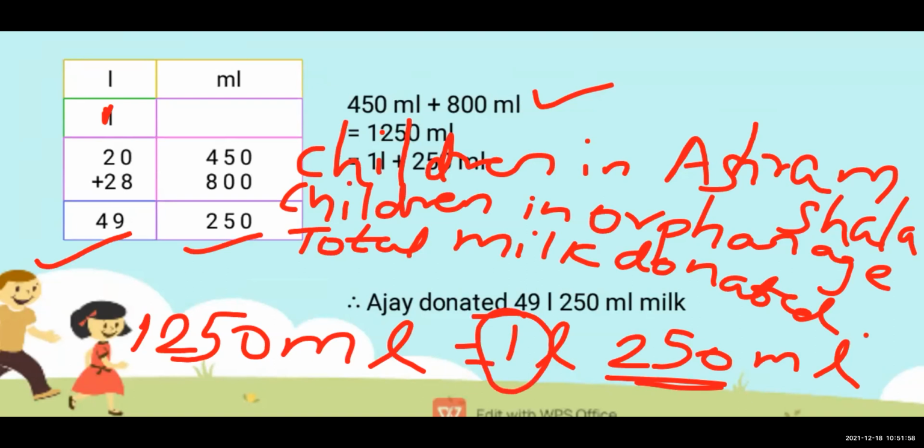So total how many liter and milliliter of the milk Ajay donated? Ajay donated 49 liter 250 milliliter milk. कितना डोनेट किया था उसने? In his birthday he donated, Ajay donated 49 liter 250 milliliter of the milk. Clear everyone?